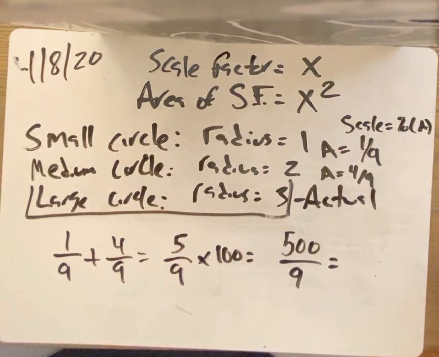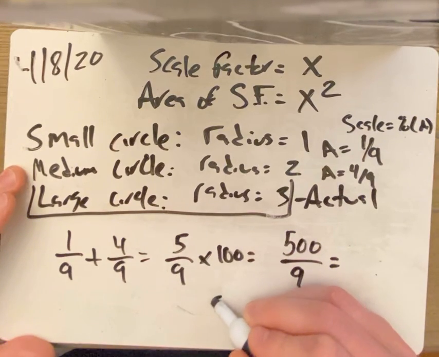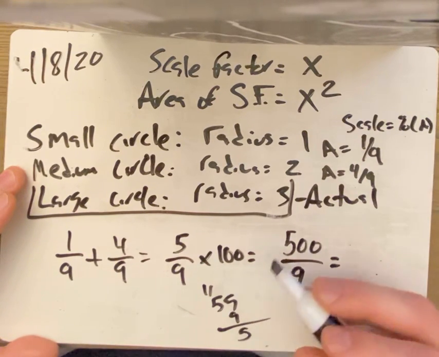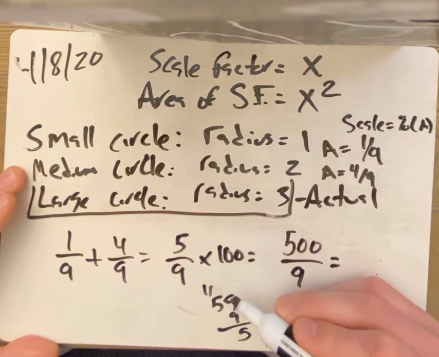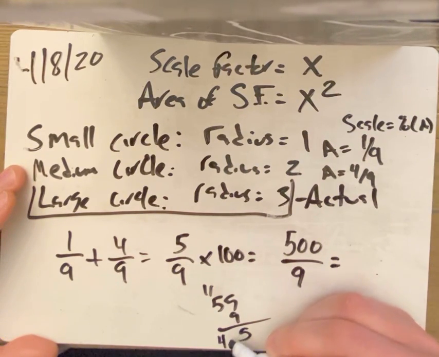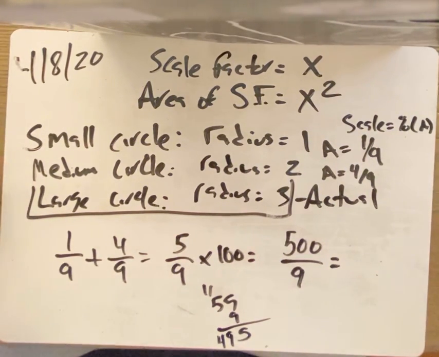Well, I know 9 times 5 is 45, and 9 times 50 would be 450. So I could probably get a couple more 9s in there. I'm going to throw out 55. Did I make a mistake?